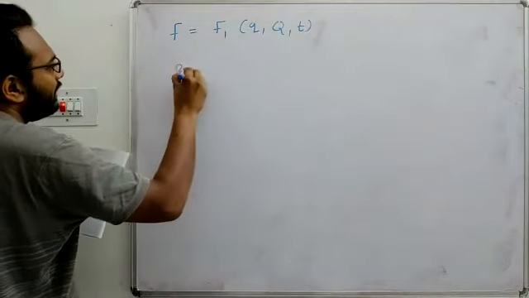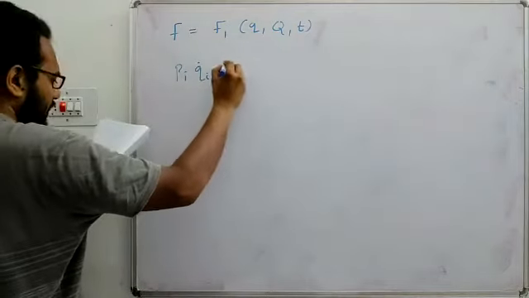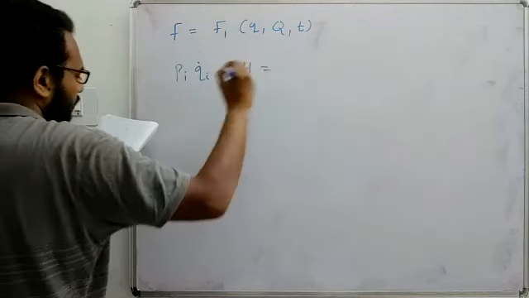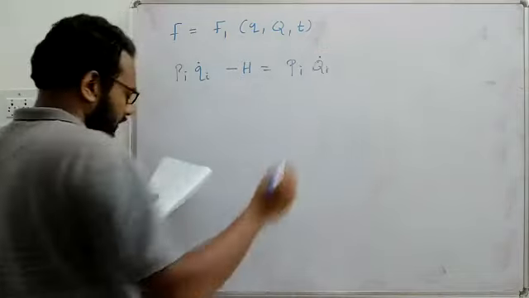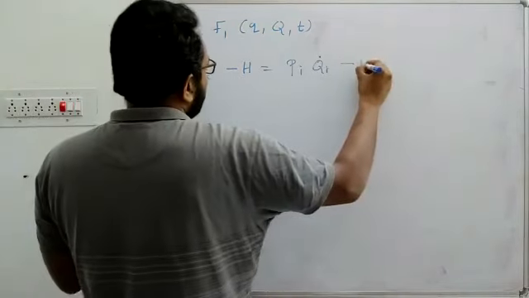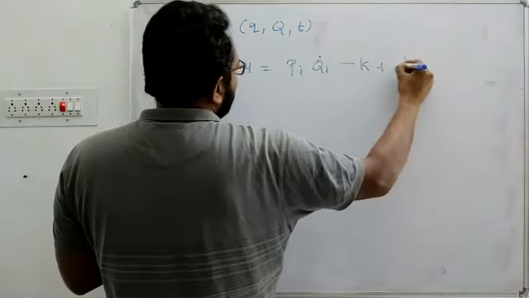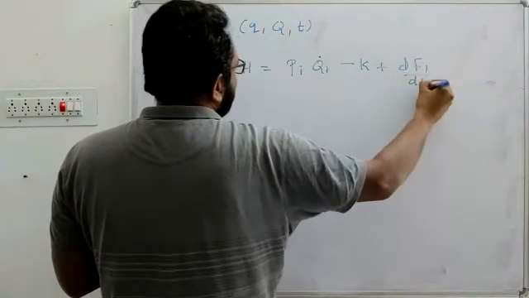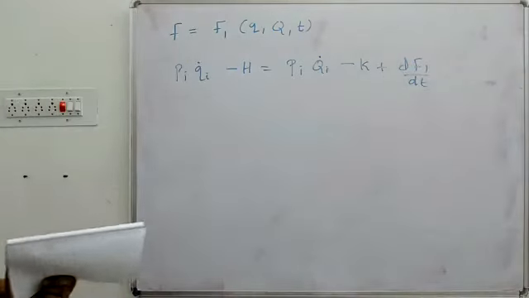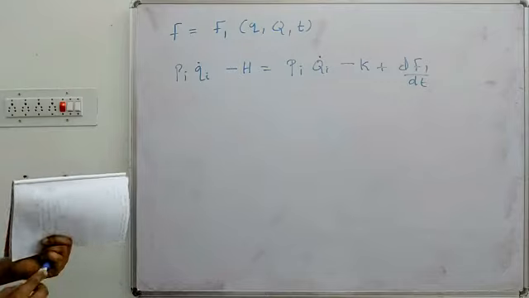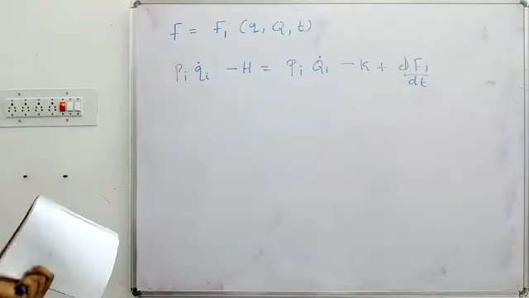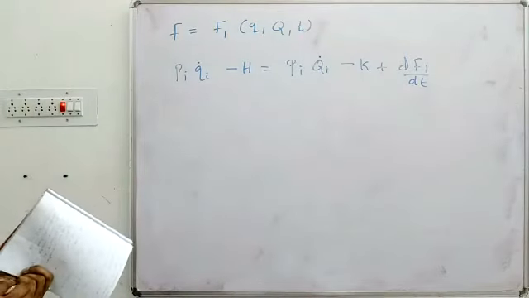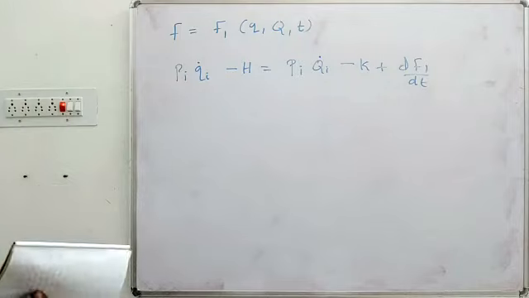The condition is that pi qi dot minus H is equal to Pi Qi dot minus K plus dF1 by dt. You just demand this condition and you'll see that you can now find the new coordinates in terms of the old coordinates. When I say coordinates, I mean coordinates and momenta; we are not going to separate between them.